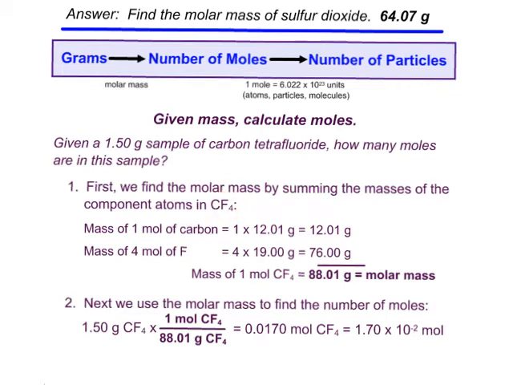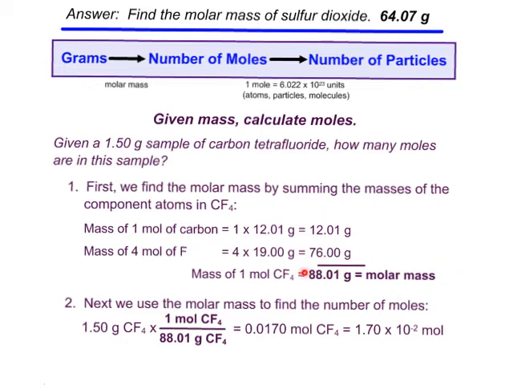We see that we have 4 moles of fluorine, okay? 4 times 19.00 grams, get that from the periodic table, gives me 76.00 grams of fluorine. If I add those all together, that will give me my molar mass for carbon tetrafluoride. Added together is 88.01 grams.